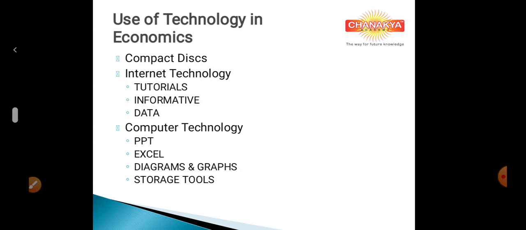And apart from this, data, as the word says, the collection of different types of figures and information, is all available on the internet. So the internet becomes the source of secondary data.